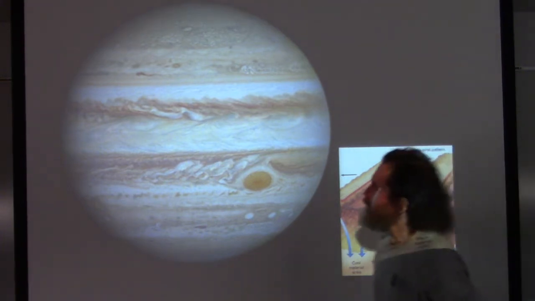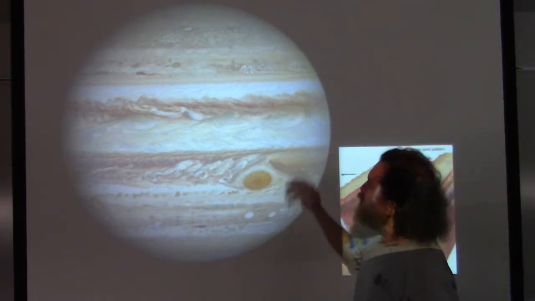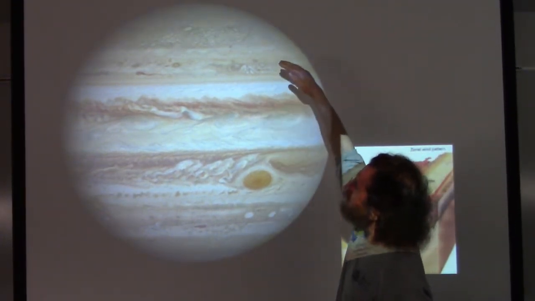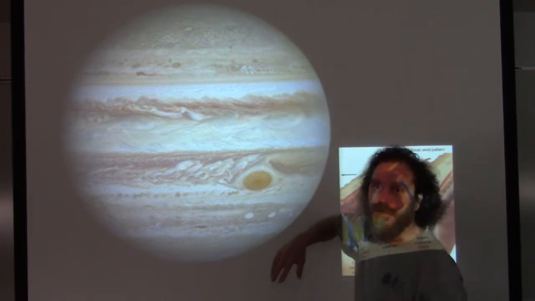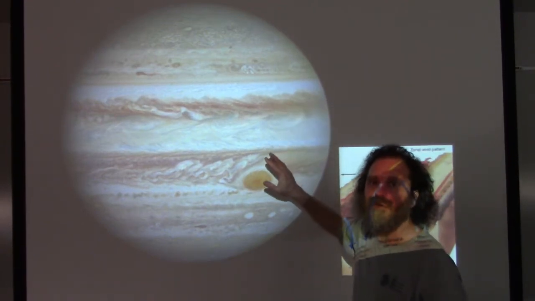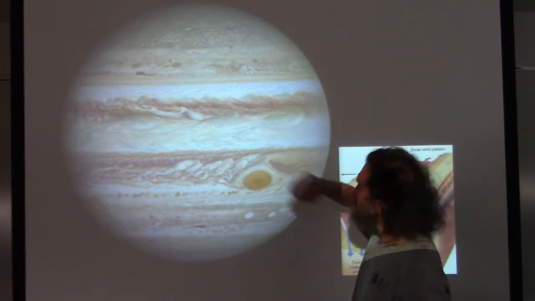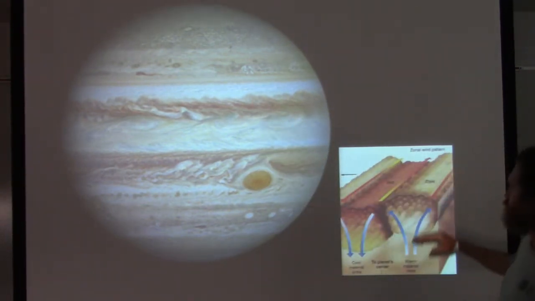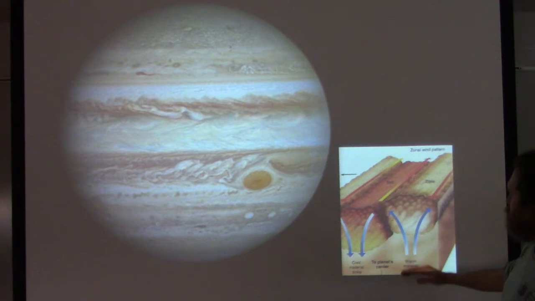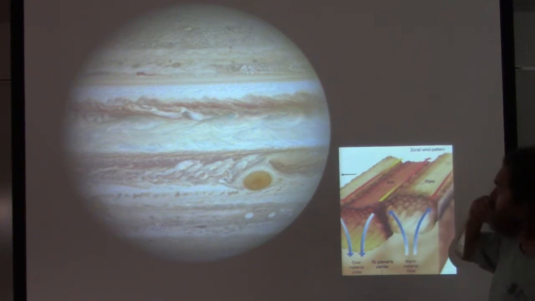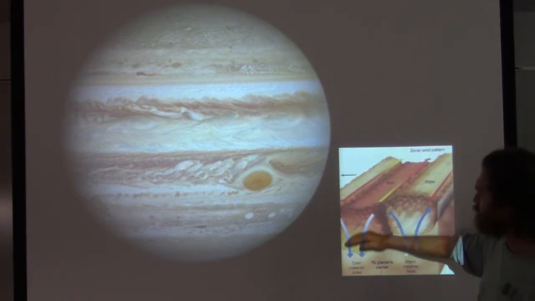Convection is also very common on other planets. Here's Jupiter, and all the features that you see when you look at Jupiter are cloud features. There's really no surface to Jupiter, so all you're seeing is clouds. And here's a cross-section of what it's probably like. Convection's occurring and rising up in some places and sinking down in others.